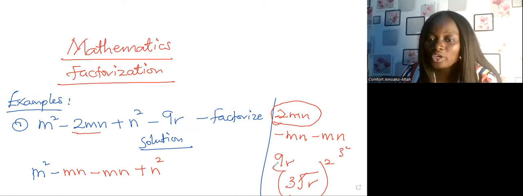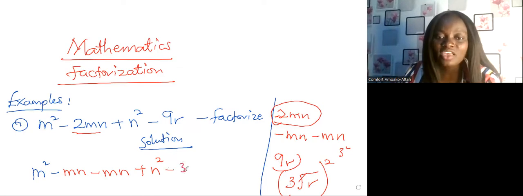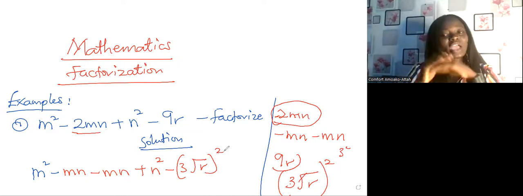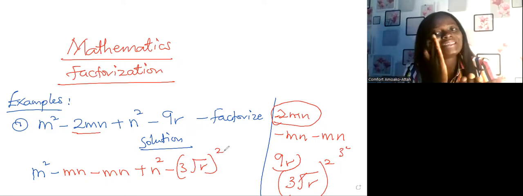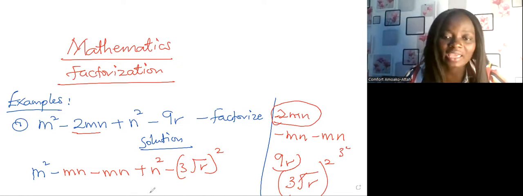So this will give us minus 3 root r all squared. It is so simple. Go systematically. Good. Now when you have it like this, you now factorize.